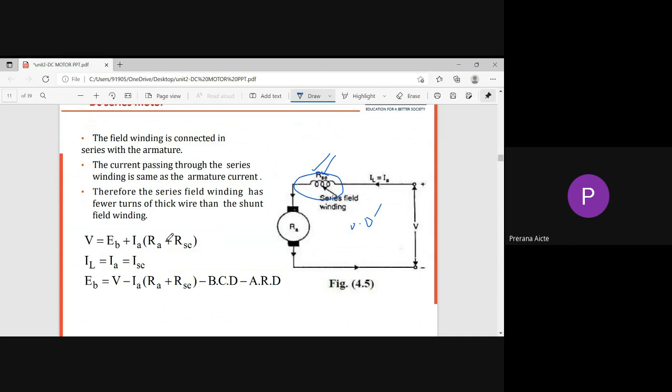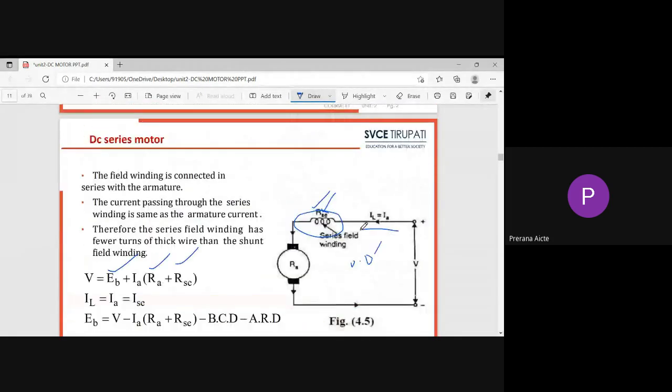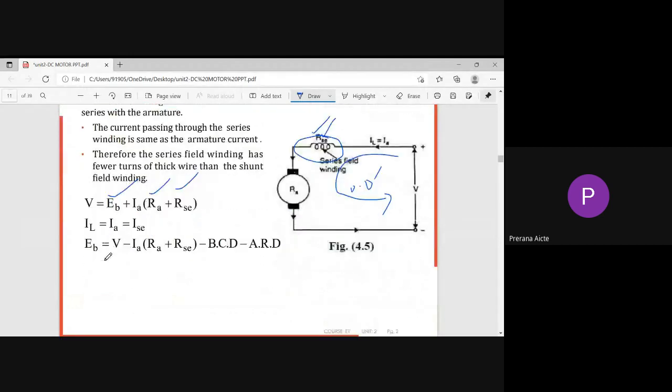The voltage equation according to Kirchhoff's voltage law is V = Eb + Ia Ra + Ia Rsc. The armature resistance drop and Rsc drop are in series, so V = Eb + Ia (Ra + Rsc). There is only one closed path, so IL = Ia = Isc. Whatever current is taken from the supply, IL, enters the armature as Ia and the same current enters the series field winding as Isc. So Ia, Isc and IL are all equal.